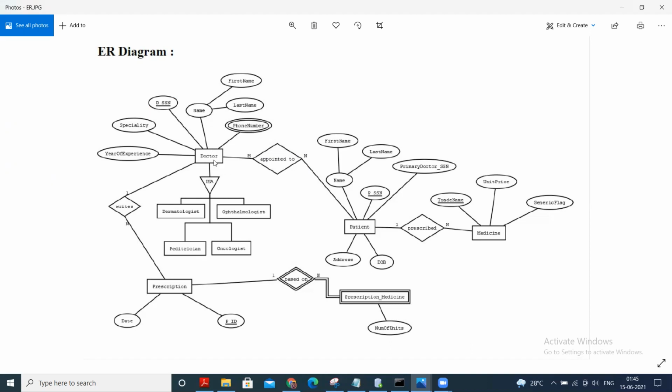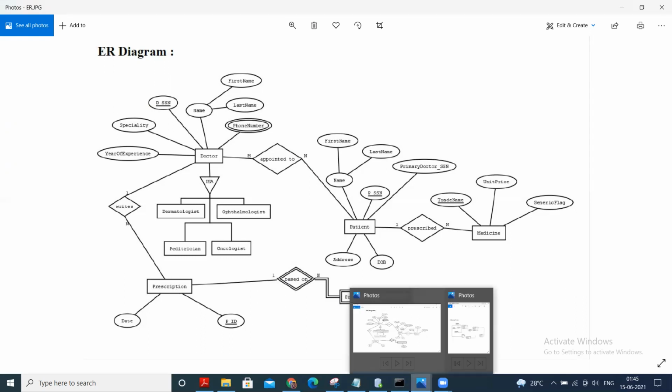A doctor can be a dermatologist or ophthalmologist or pediatrician or cardiologist. Many possibilities are there. So here, based on is the weak relationship, as prescription medicine is the weak entity, as it depends on the prescription entity.